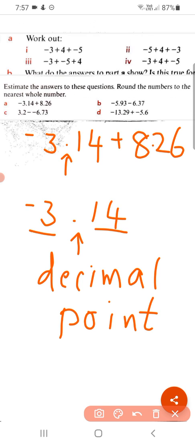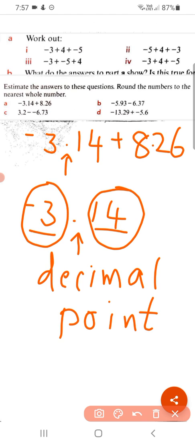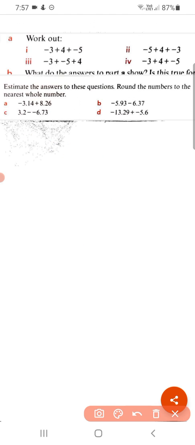That is, the part before the decimal point is the whole number part and the part after the decimal point is the decimal part. Children, first we have to estimate, that is, round this decimal to the nearest whole number.